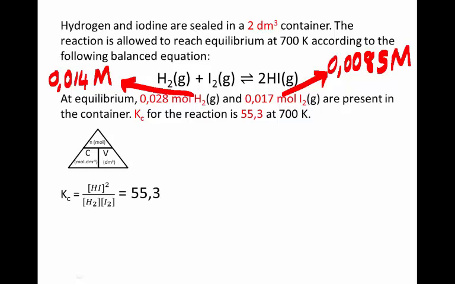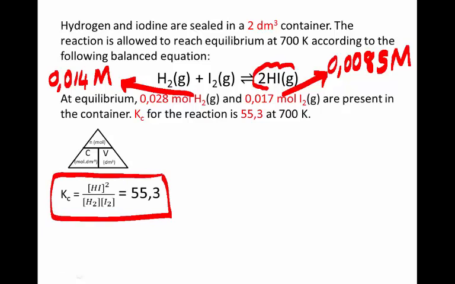So to get the concentration, we have to take the number of moles, in this particular case, divided by 2, because of the volume being 2 decimeters cubed. So to make some progress, we need to find out what the concentration of hydrogen iodide is at equilibrium. And this fact here will help us, because we know this, well, obviously we know this. The only unknown is the concentration of hydrogen iodide, so we can find that out.